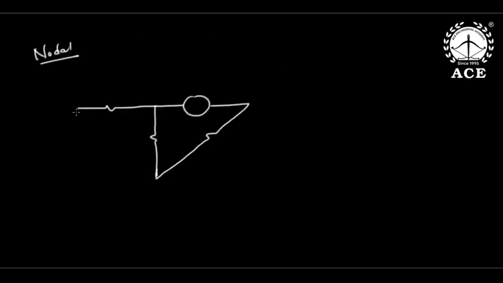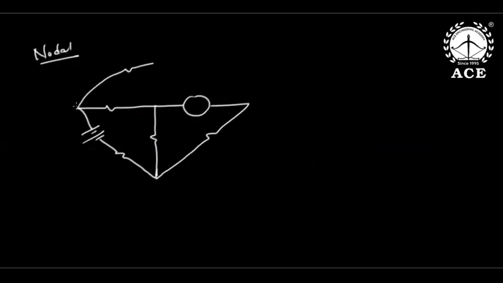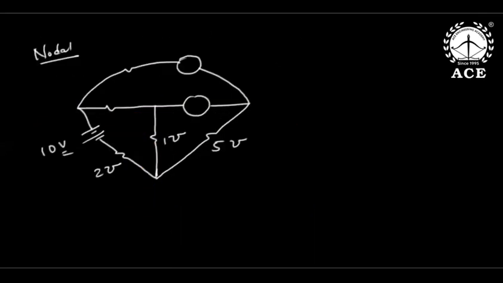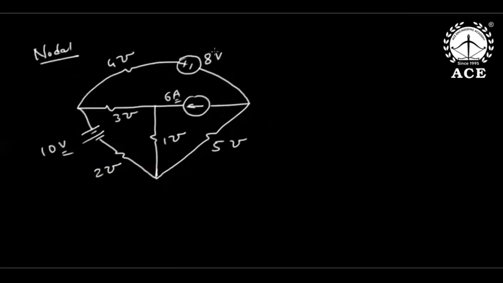If I write the same problem in nodal, this is 10 volts, this is 2 Siemens, this is 5 Siemens, this is 1 Siemens, 3 Siemens, 4 Siemens, 6 amperes, 8 volts.